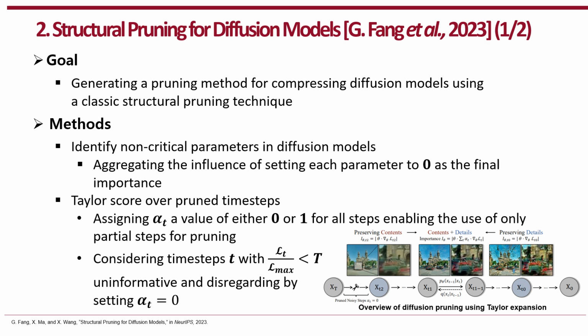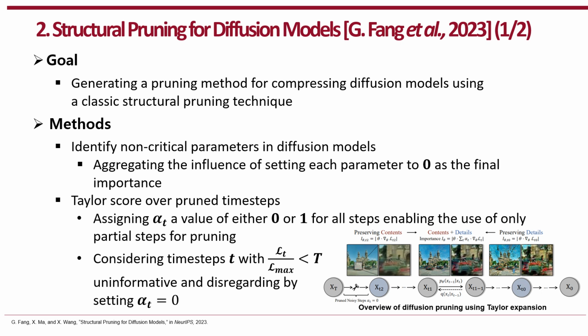And based on the obtained importance value, they address the pruning problem, for which they use a simplified pruning method by introducing a weighting variable, alpha t, which takes only one value between 0 and 1.